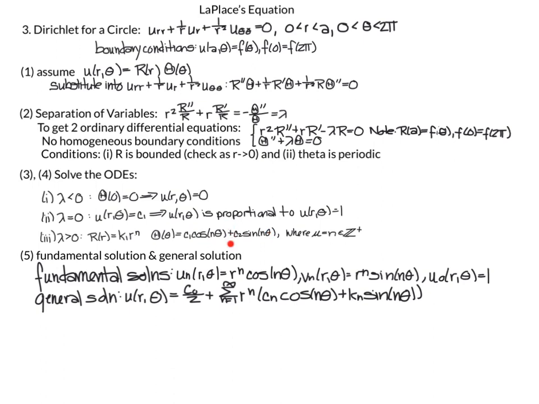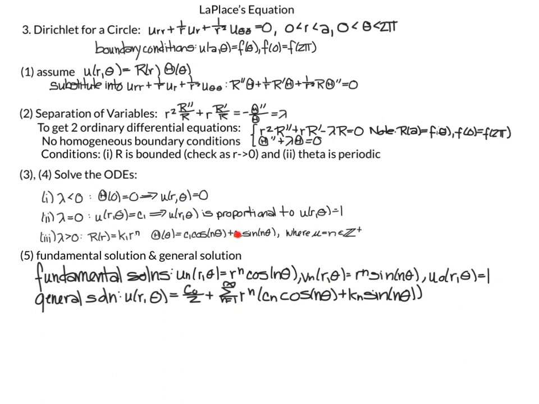But also because of this plus, it's kind of a linear combination, each of them can be broken up into two solutions. So r to the n cosine n theta is actually one solution. r to the n sine of n theta is actually the second solution. And you can combine them and they're still a solution. And in fact, the general solution is the linear combination of all of our fundamental solutions. And at one point you knew this back in chapter 2 or something, but you might have forgotten that.